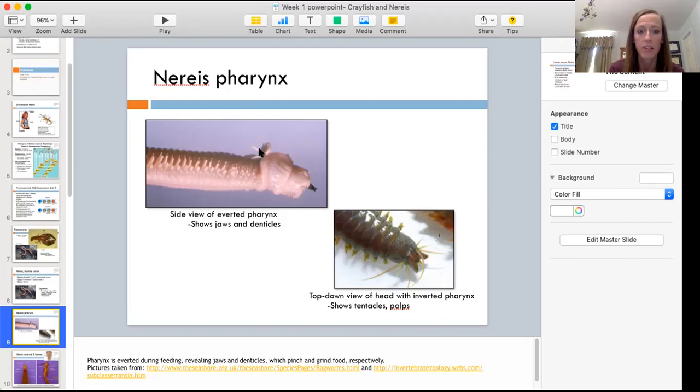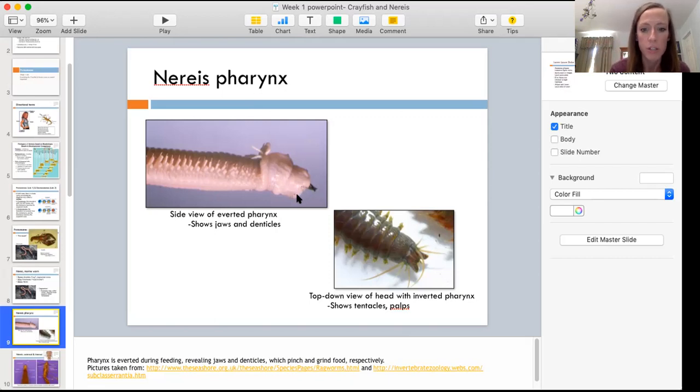We can see these are the head appendages, which are present here in the Nereis with the everted pharynx. They kind of flip up, and then the pharynx itself is stuck out through the mouth, right? And on that pharynx, you can see these jaws, which are these little graspers, little pinchers, which allow the Nereis to grasp its food and pull it back in.